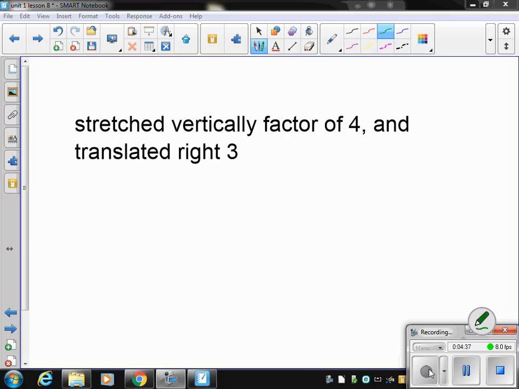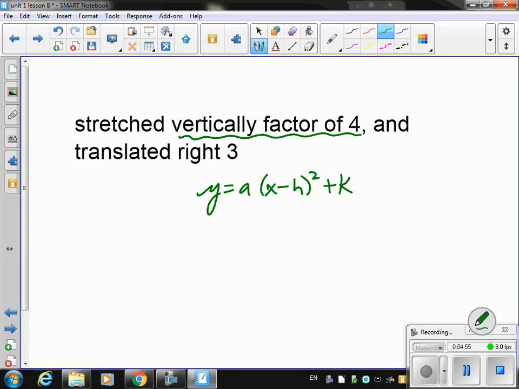For the third example, we're finding an equation when we've been given a description. So I am writing my equation. I have stretched this parabola vertically, factor 4. It does not say upside down, so I'm going to assume my A value is positive, but it has been stretched vertically, so that changes my A value to a 4.